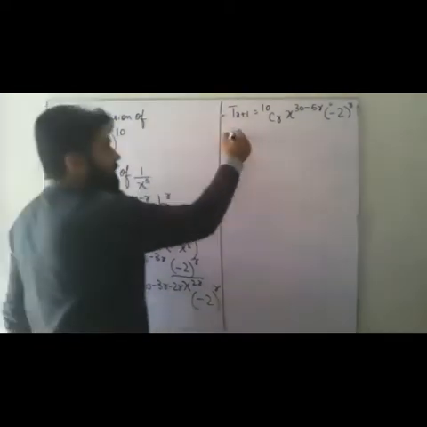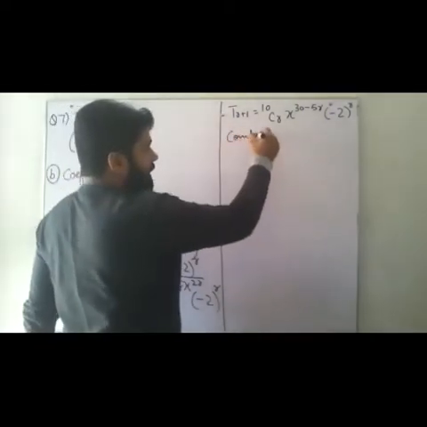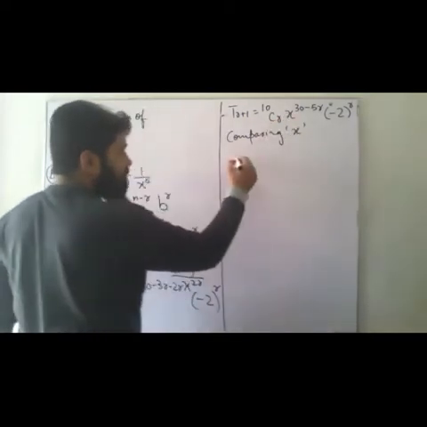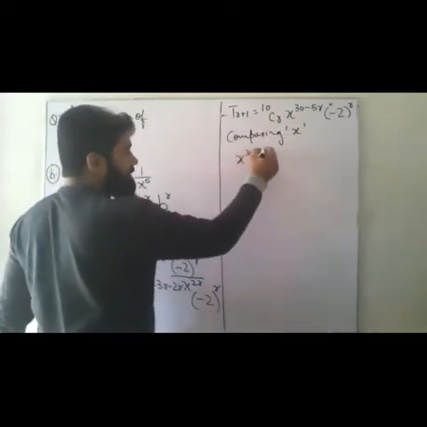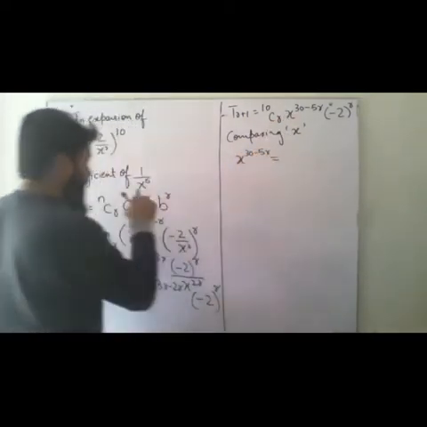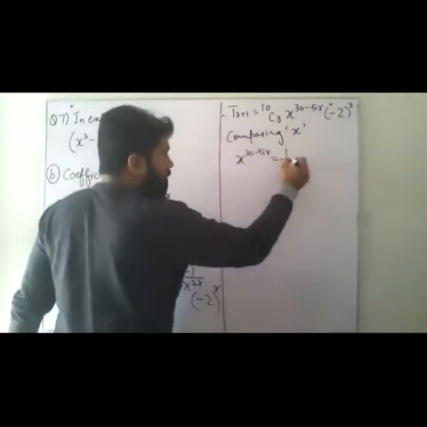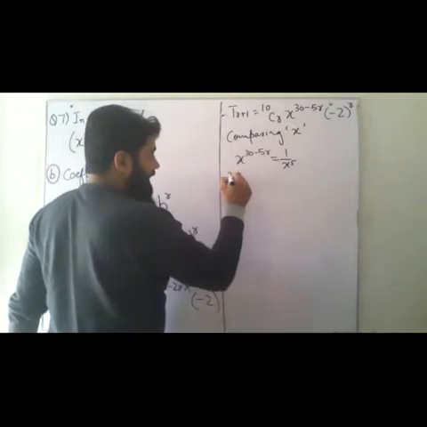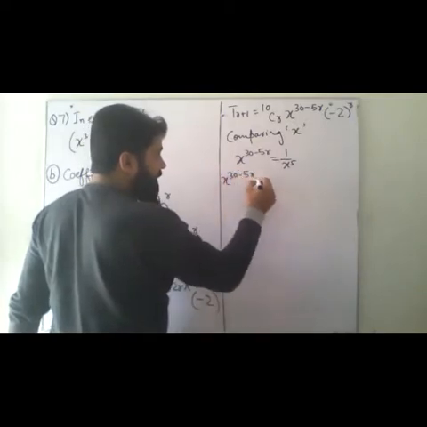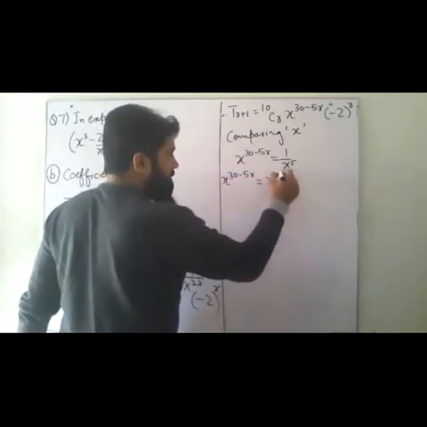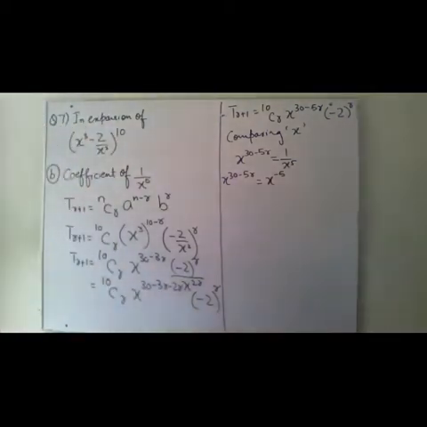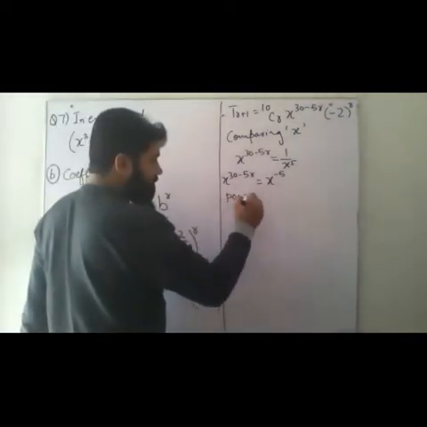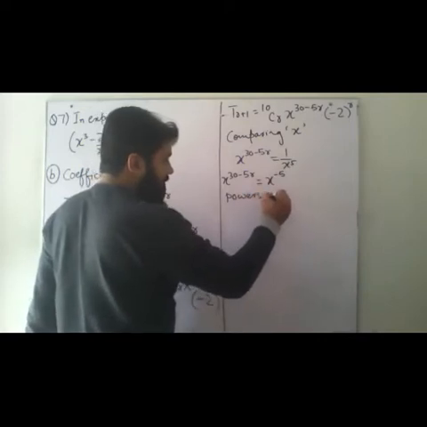Comparing x. What is x over here? x^(30 minus 5R) equals, what is x over here? 1 over x power 5. So that can be written as x^(30 minus 5R) equals x to the power minus 5. Okay. Now comparing powers.